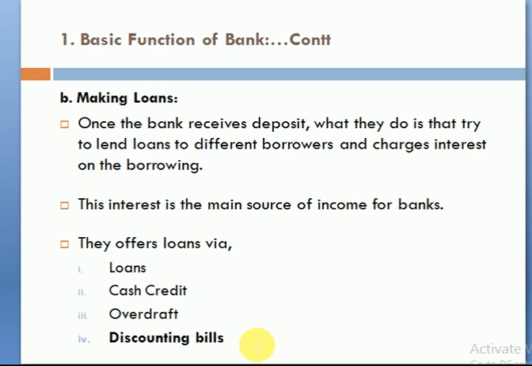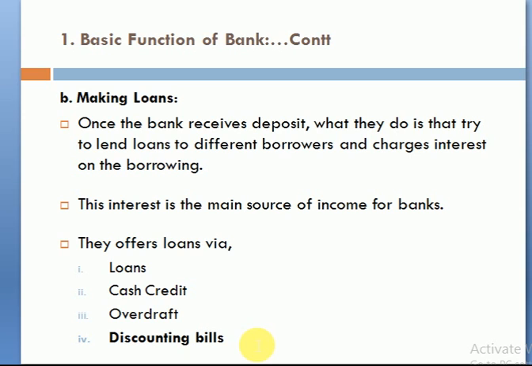A simple loan is that type of loan which is sanctioned by the bank, but the bank will keep some security. This type of loan is called a simple loan.